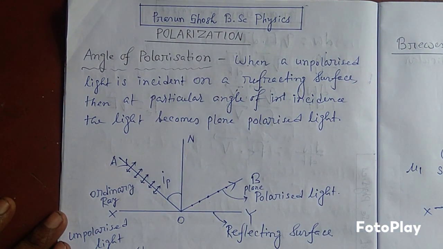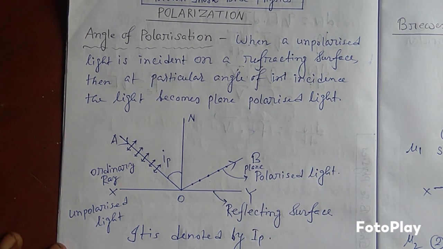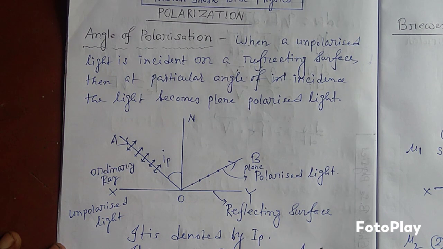It is denoted by IP. It is also called the Brewster angle.